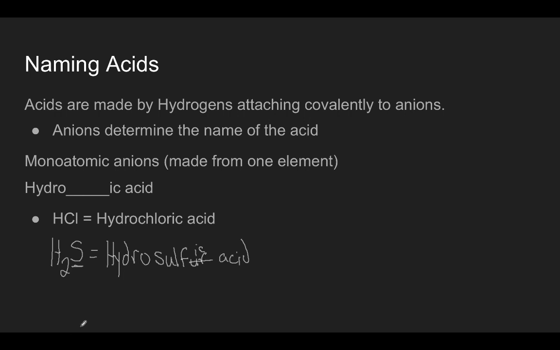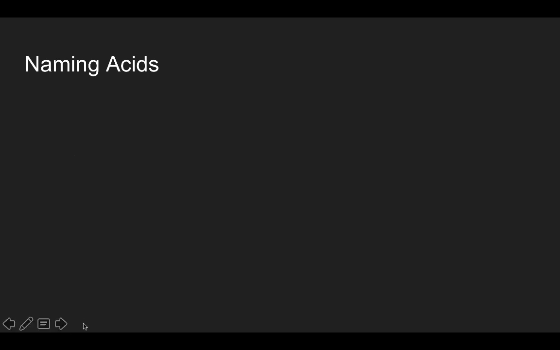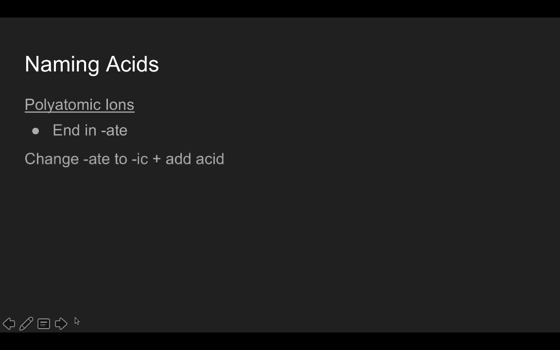Okay, the next type of ion that we could have is polyatomic ions, and polyatomic ions are slightly different. The first type of polyatomic ion is an ion that ends in ate. When you have an ion that ends in ate, you change the ate to ic and add the word acid.